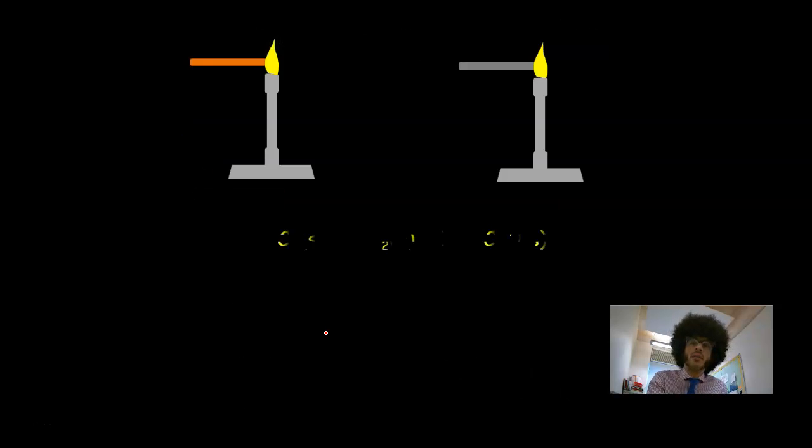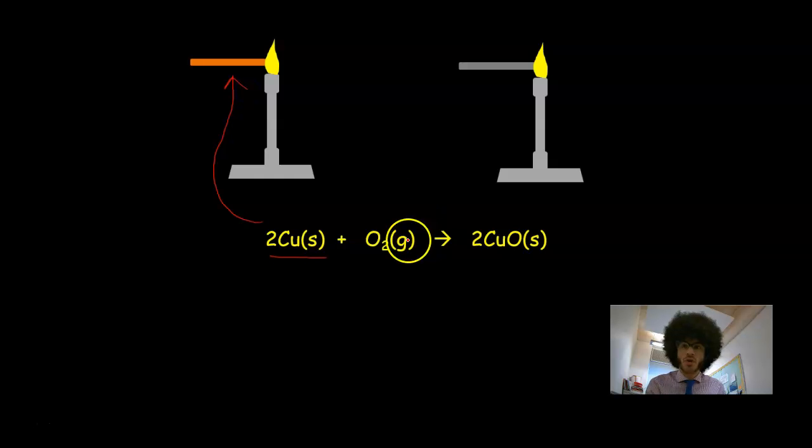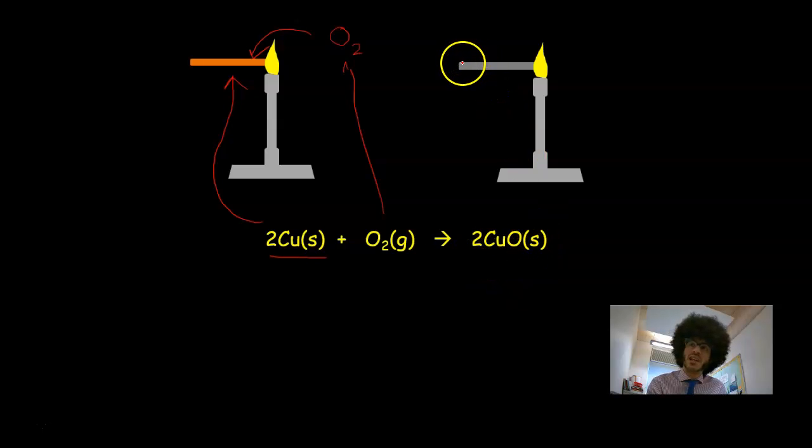The reason is explained by looking at the reaction itself. At the beginning, I start with copper wire, which is 2Cu. It reacts with oxygen, O2, from the atmosphere, and that forms copper oxide, which coats the outside of my wire.